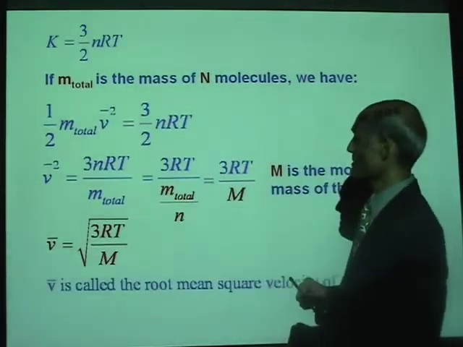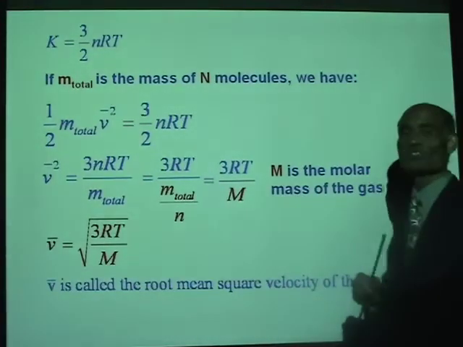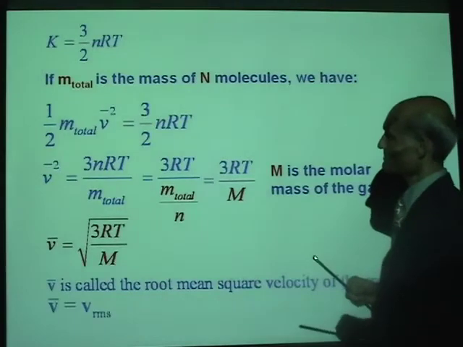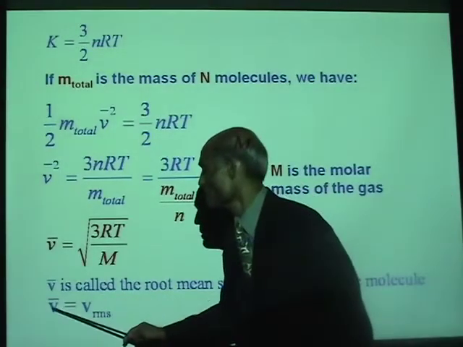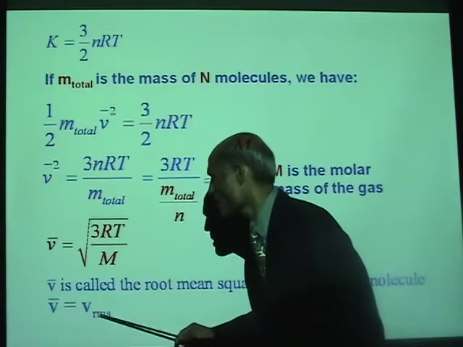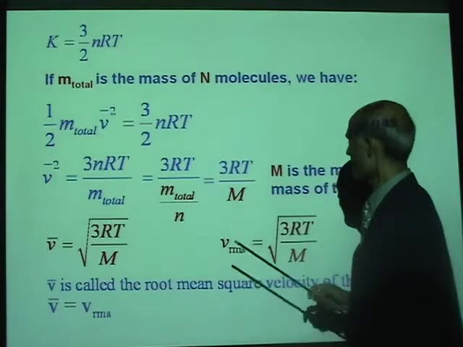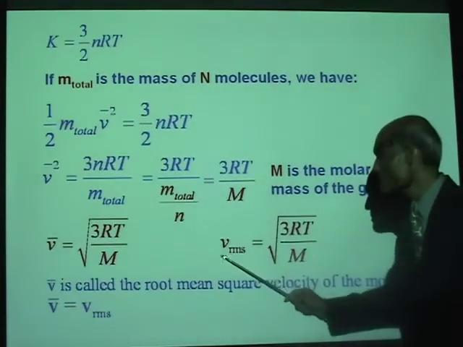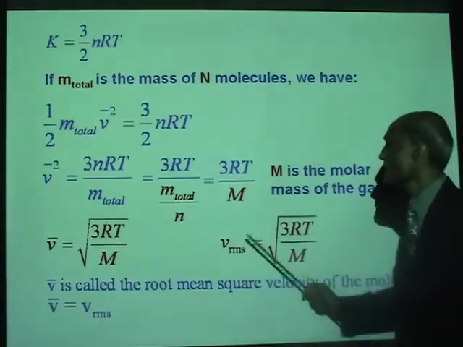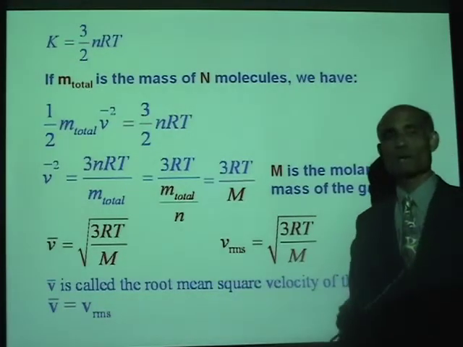That's an important equation. v bar is called the root mean squared velocity of the molecules. So we normally write v bar as v RMS, root mean squared. Alright, so what is v RMS equal to? v RMS is the square root of 3 RT over M.